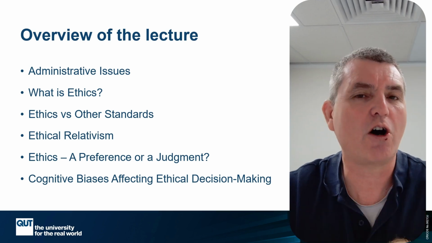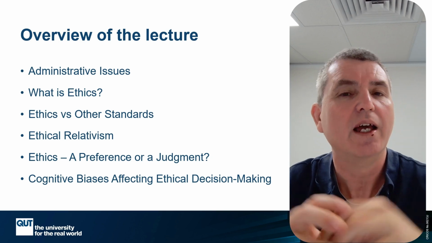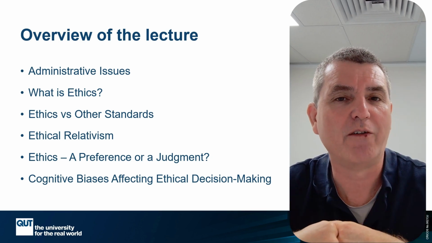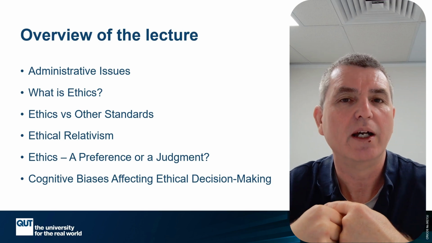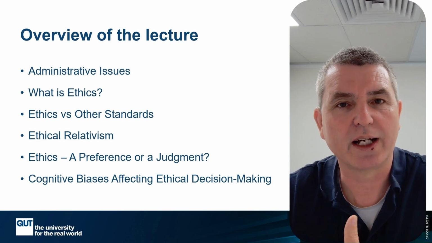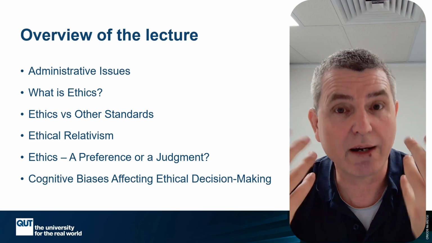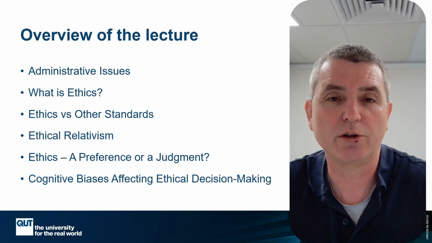It's a different kind of decision making. Once we recognise this, we run across the problem of ethical relativism. Is ethics absolute or does it vary by culture? And that's a personal issue that we have to wrestle with and come to a conclusion on.